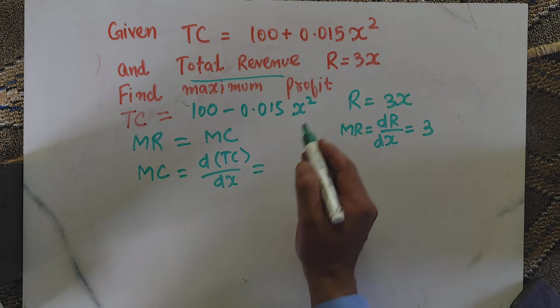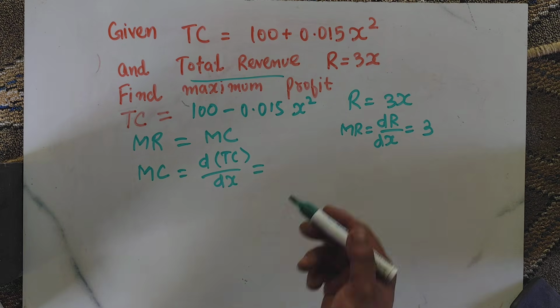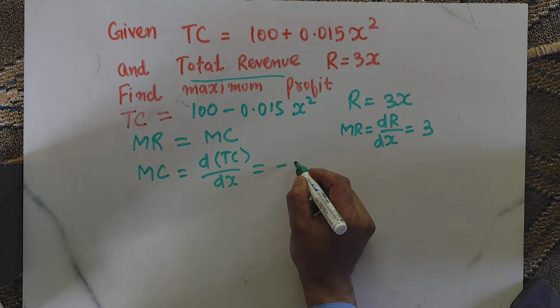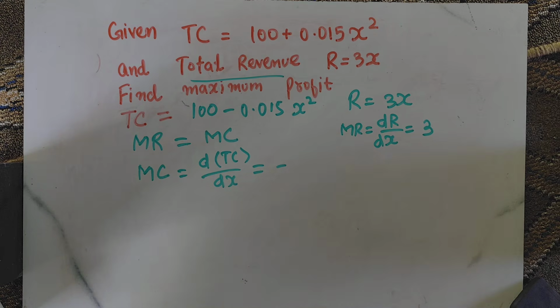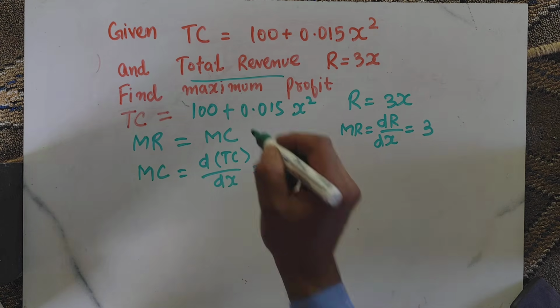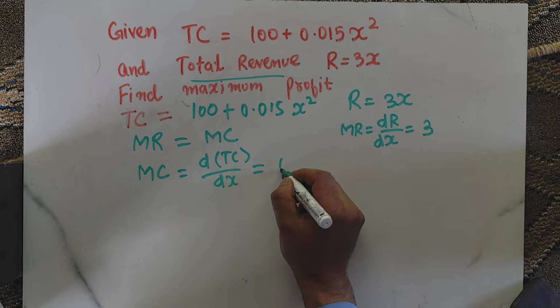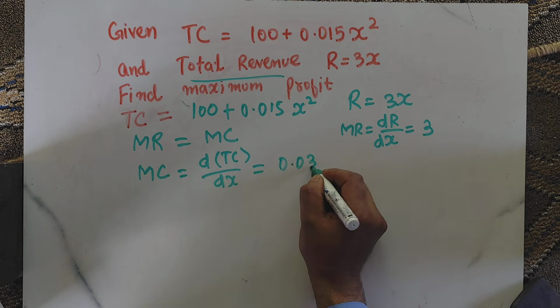Differentiating this function with respect to x, the derivative of a constant is 0, the derivative of x square is 2x, so we get 2 into 0.015, which becomes 0.03x.